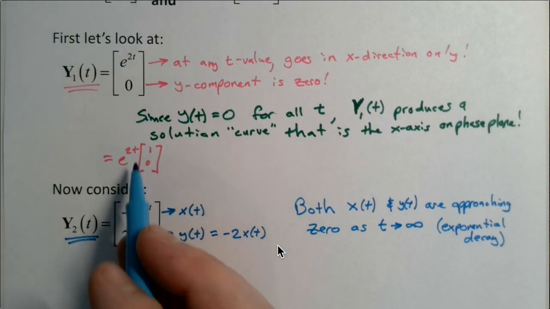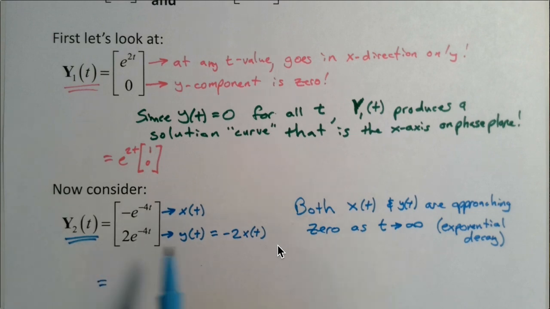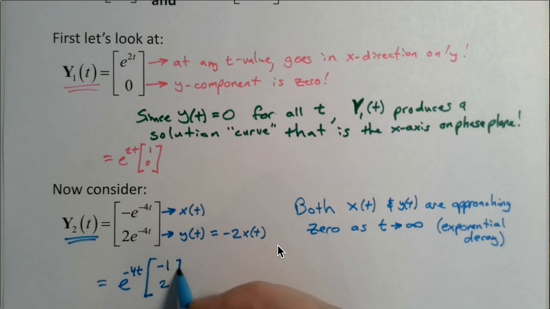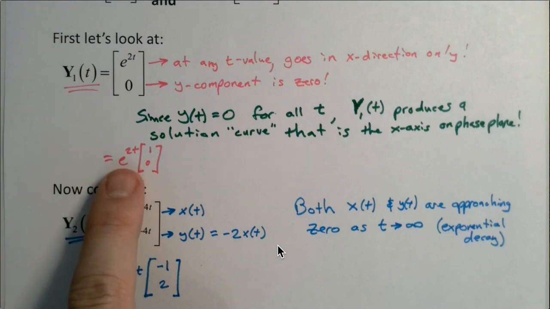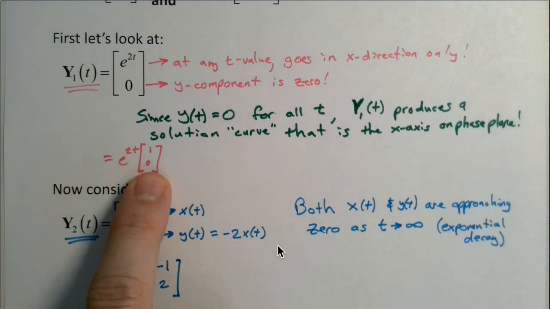And if we wanted to do this little factoring trick, we could do the same thing. The only common factor here is e to the -4t. And when we factor that out, we're left with, on the top, -1, and on the bottom, 2. So in a way, up here for the y1 solution, it's saying it follows exponential growth along the x-axis.